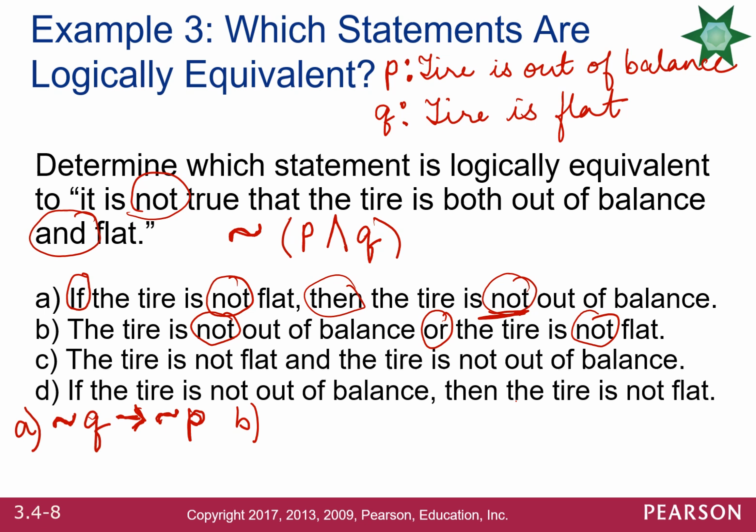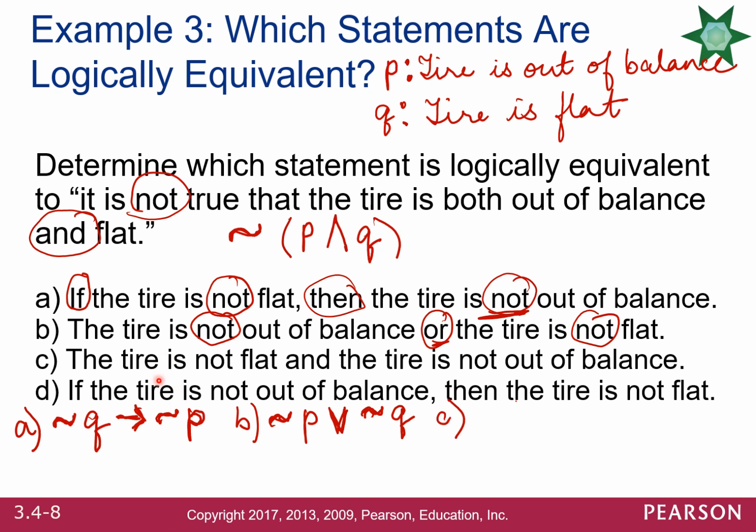So out of balance is P. So we are going to write it as not P, or, right? This or represented by the V symbol, and then the tire is not flat, which is Q, not Q.